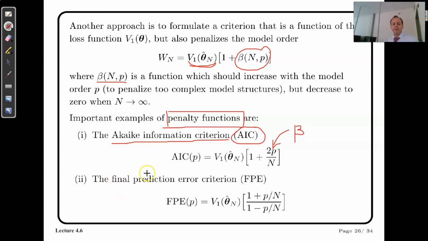There is another penalty function called final prediction error, FPE. FPE is a little bit different because it penalizes the product between the cost function V1 and something that depends in a bilinear way on the model order. We will see that every penalty function indicates a different model order.